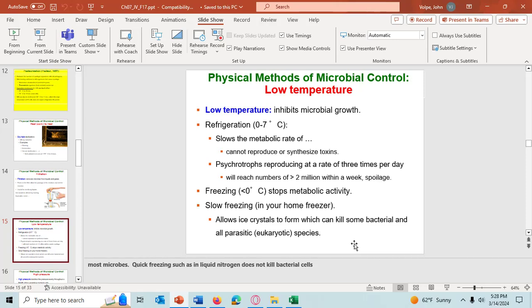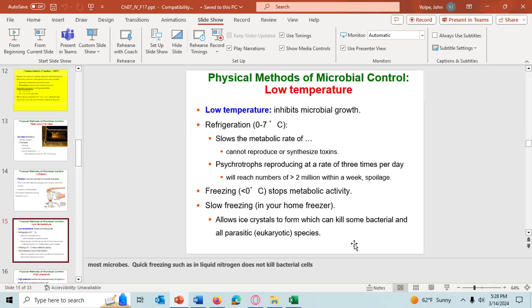And they do reproduce about 3 times per day, and they will reach numbers of greater than 2 million cells within about a week, which is why most food, when you have it in the refrigerator for over a week, should be tossed out. And that's because the microbes growing in the refrigerator can spoil the food after about a week. Any question about any of that?